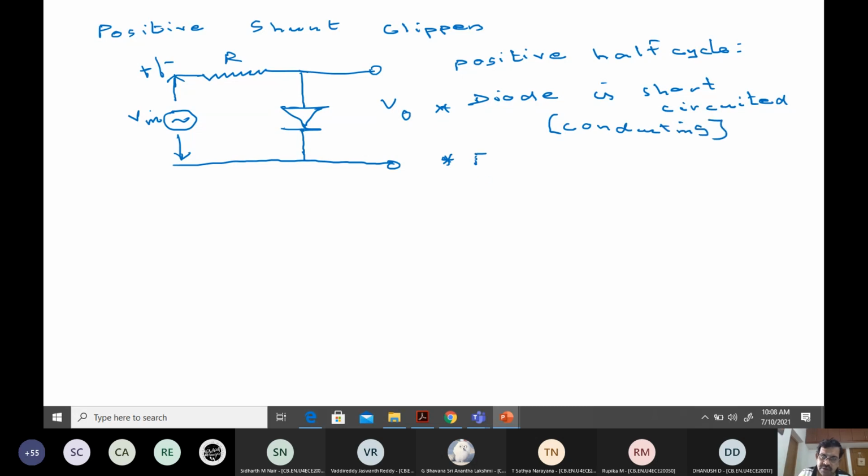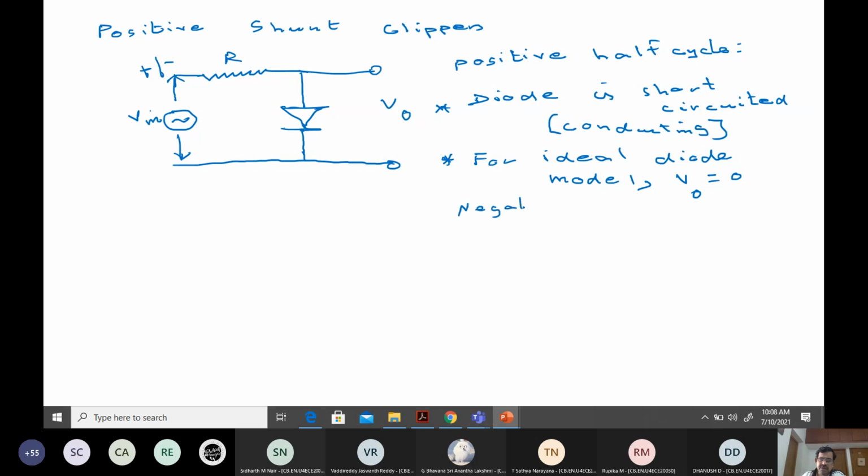So for ideal diode model, this fellow V out will be 0, because potential difference between these two will be 0 for short circuit.